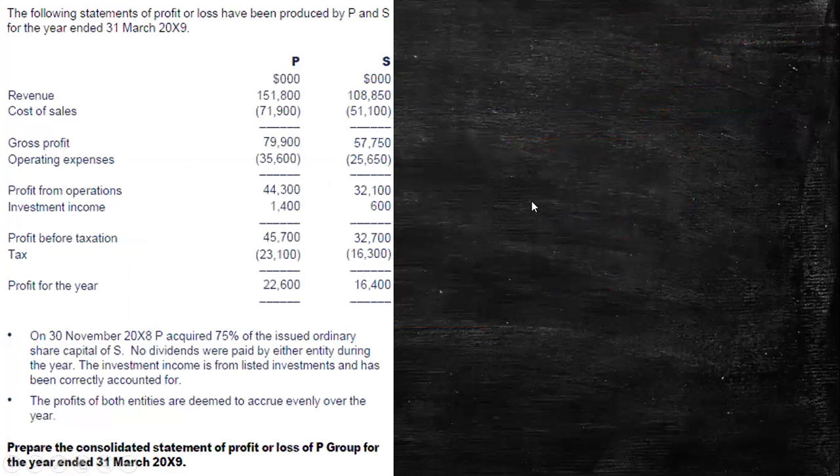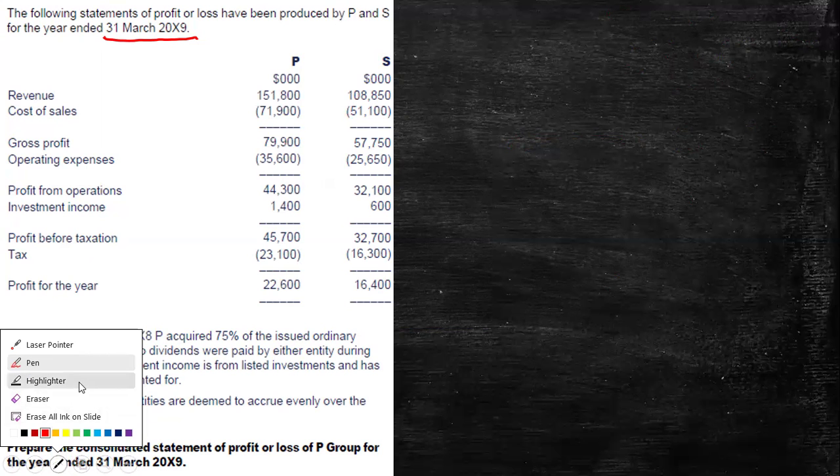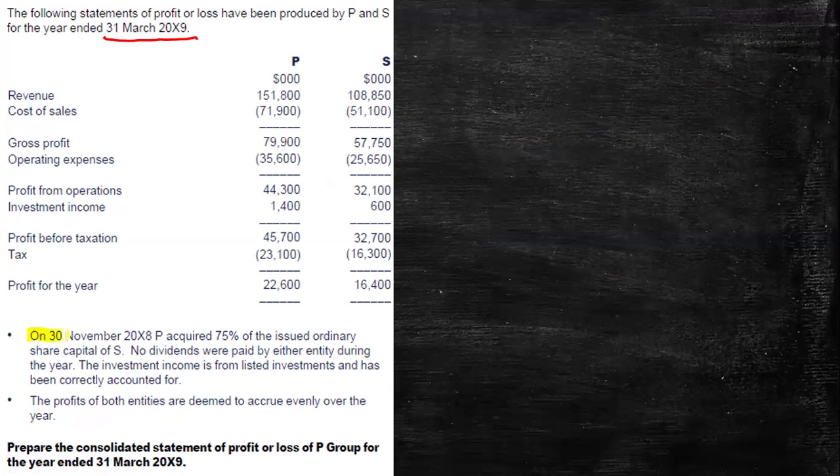So here we have another type of adjustment that you may come across. In this case, you can see that they have given us the statements for the year ended 31st March 2019. So we have to prepare the consolidated statement of profit and loss for the year ended 31st March 2019. Now, the company was acquired on 30th November 2018.